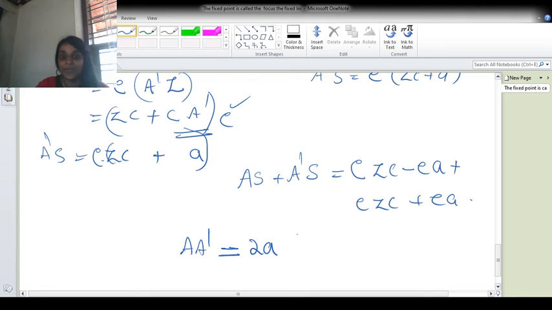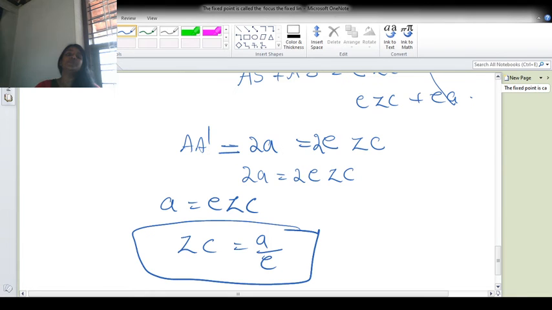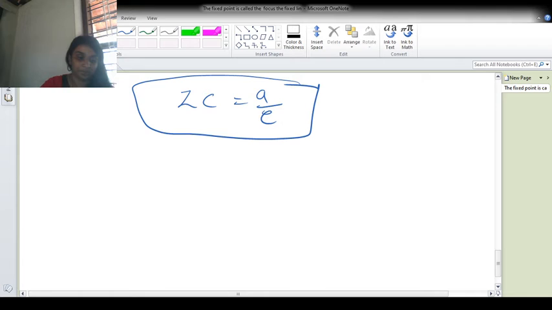These two ea terms cancel. So 2a equal to 2e ZC. So 2 cancelled, a equal to e ZC. So ZC equal to a by e. So we got ZC equal to a by e.